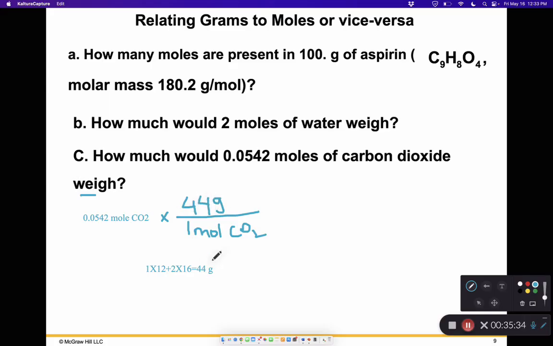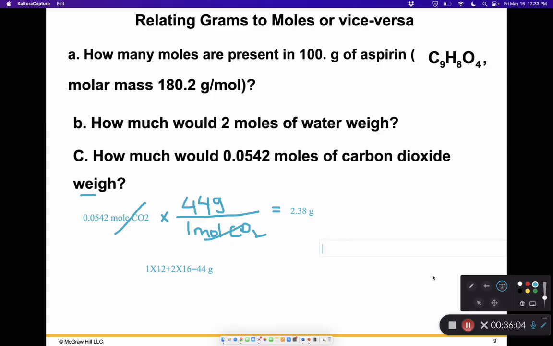So we place it there, and now 1 mole of CO2 and 1 mole of CO2 cancel out. I have this number times that in the calculator. When I hit those numbers, I will get some numbers. Since I have 3 significant figures in the starting number, I can write the final answer in 3 sig figs. So 2.38 gram is my final answer.